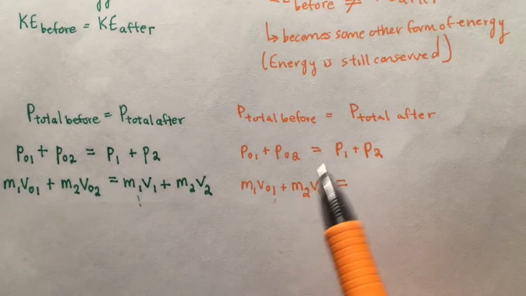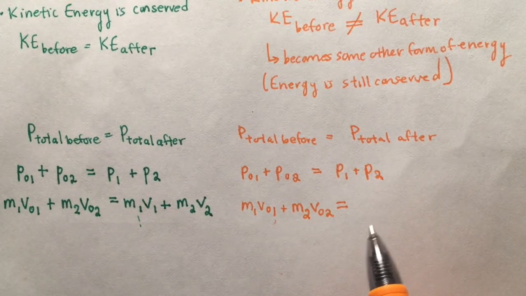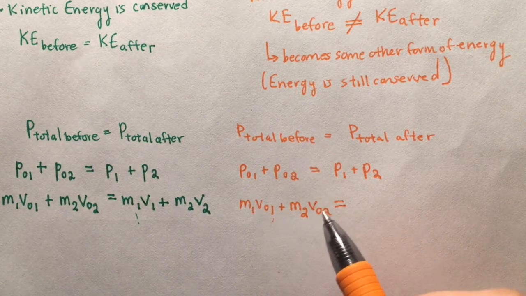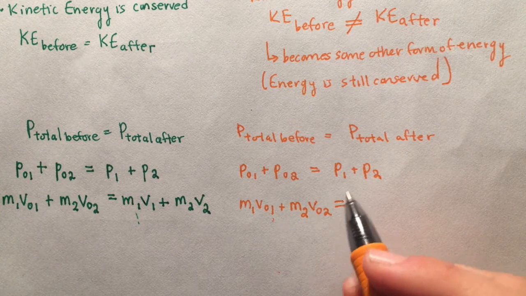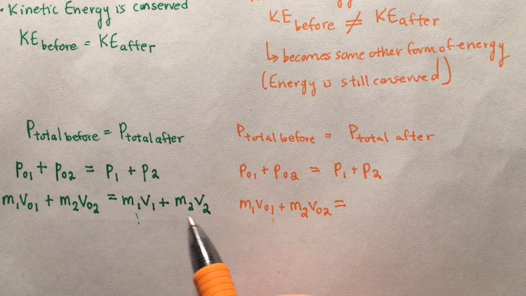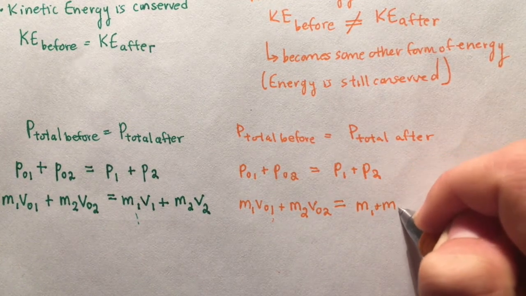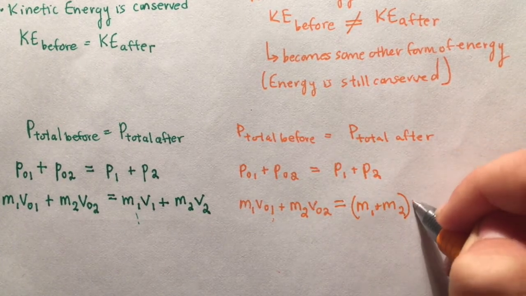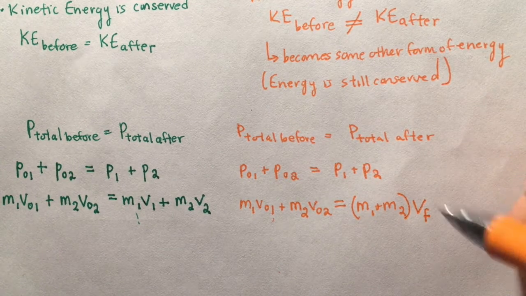If two objects collide and then they stick together, they are going to be moving together with the same speed after the collision. So instead of writing out the final momentum of each object individually, both the first and the second object are going to be moving together with a shared speed, which I'm going to call v final.